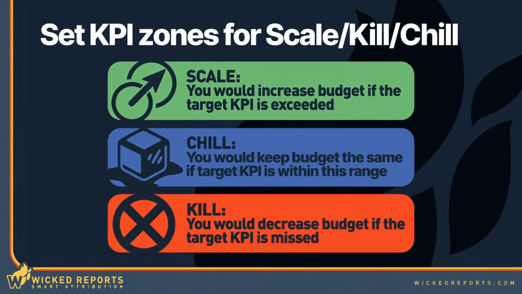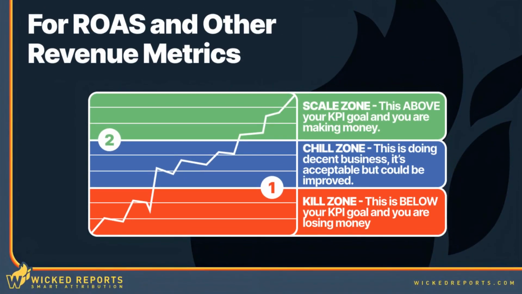Budget optimization strives to classify each campaign's primary KPI into one of 3 buckets: scale, kill, or chill. Scale means increase the budget, chill means keep it as is, and kill means decrease the budget unless you can diagnose and fix it. With ROAS, the higher the number, the better. Above the chill zone means we would scale the budget.